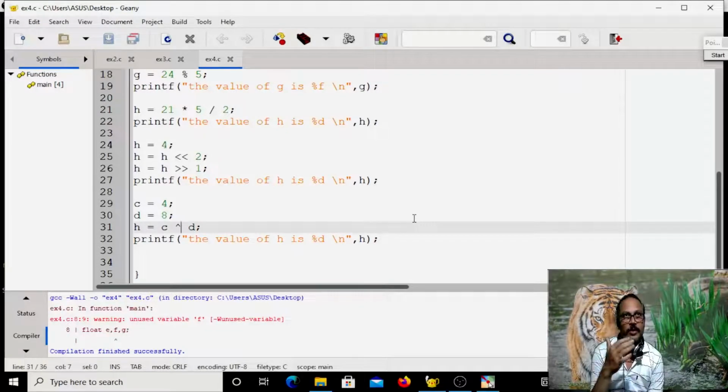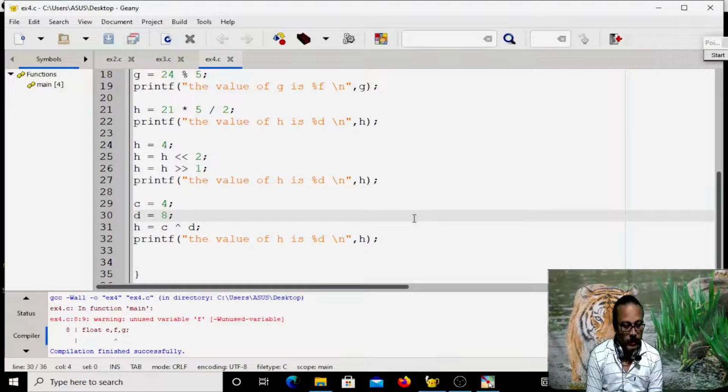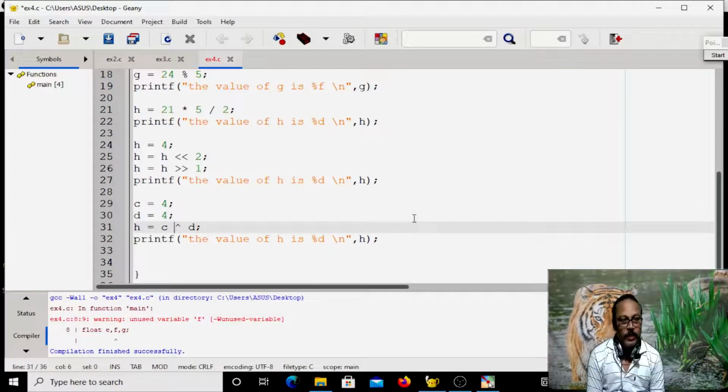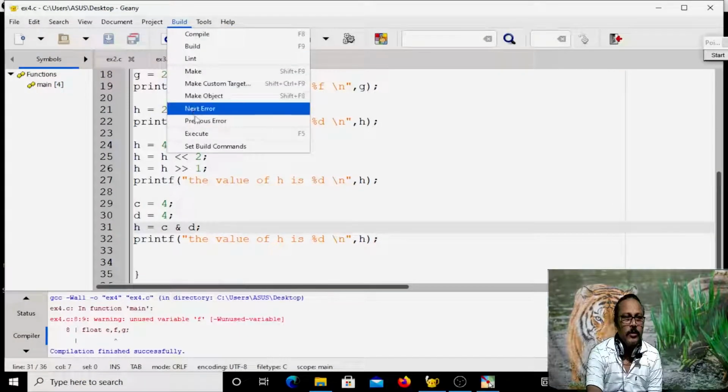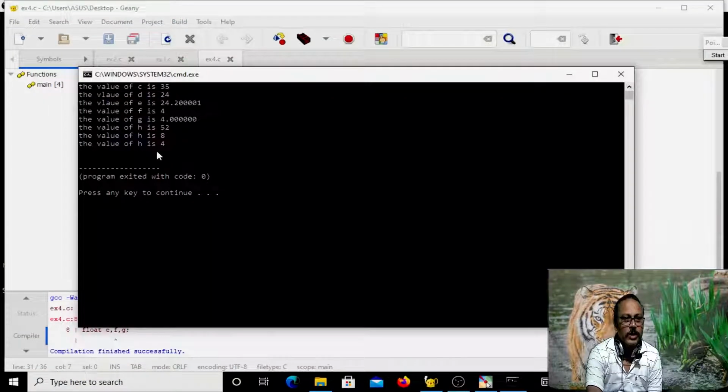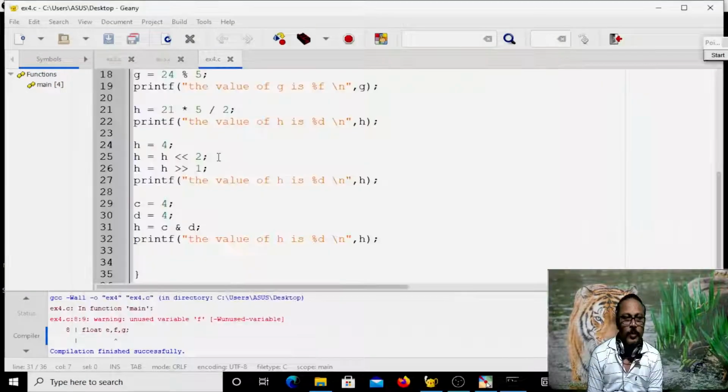If both bits are the same, we'll handle that differently. So what is the result? The result is 4 only. Check it out. You can see the result is 4.